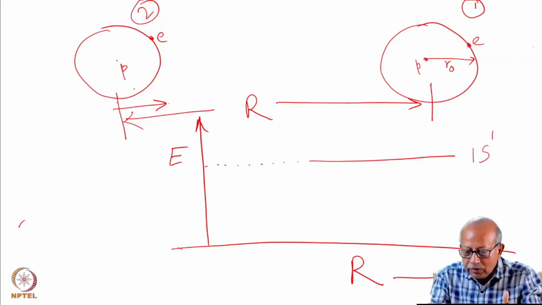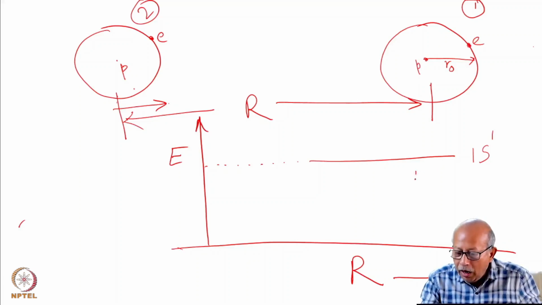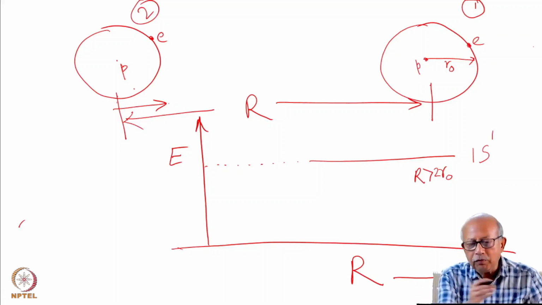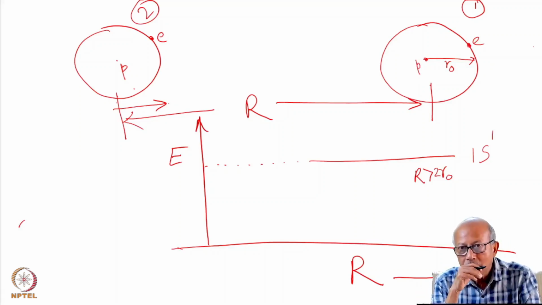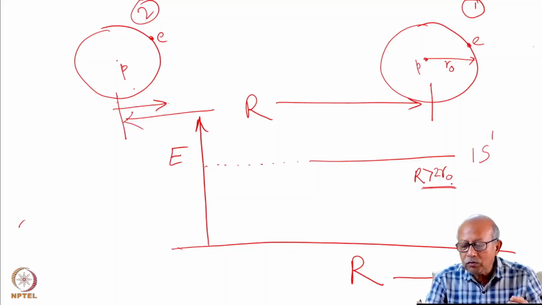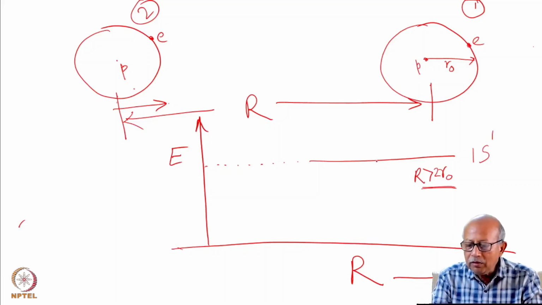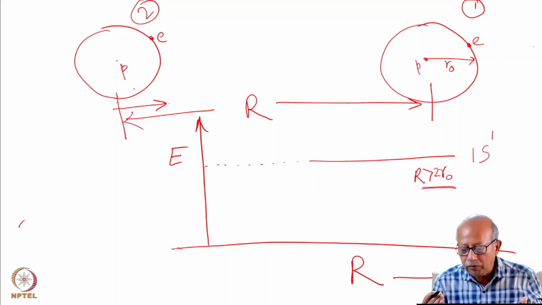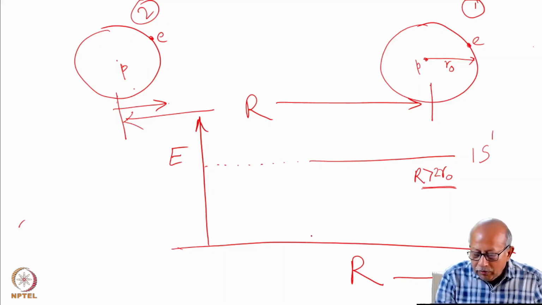This is true when R is much more than 2R0, where 2R0 is the summation of the radii of the two atoms. So when the two atoms are widely separated, the energy level is just what it would be for an isolated atom. Now what happens when R is nearly equal to 2R0?